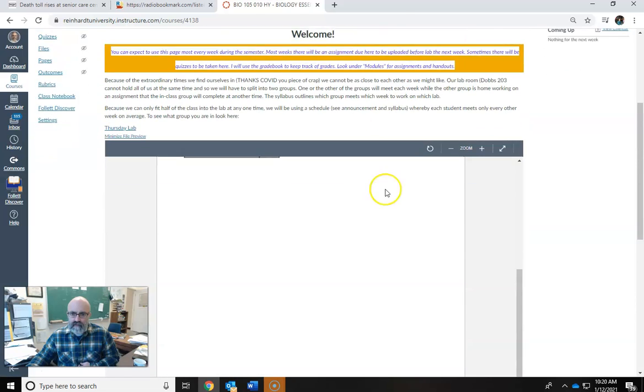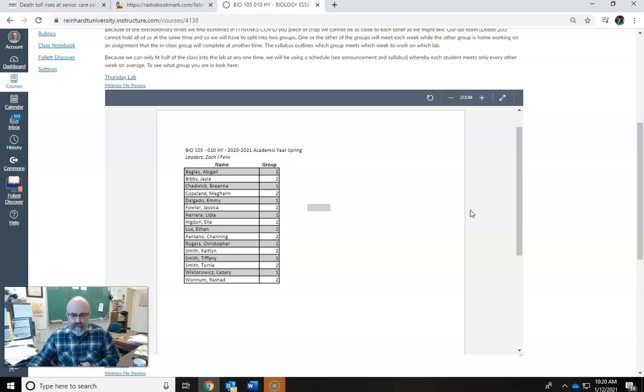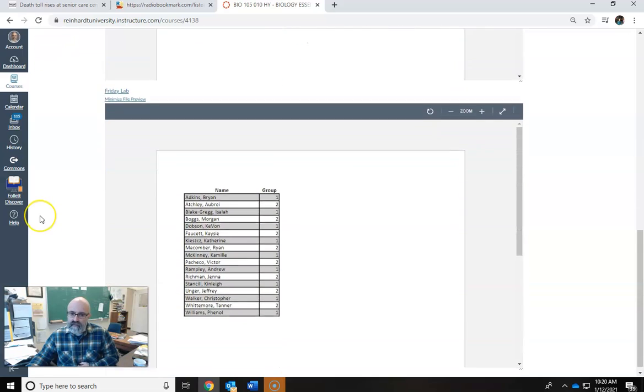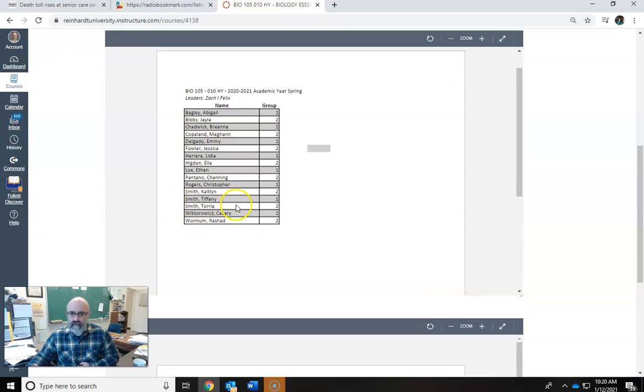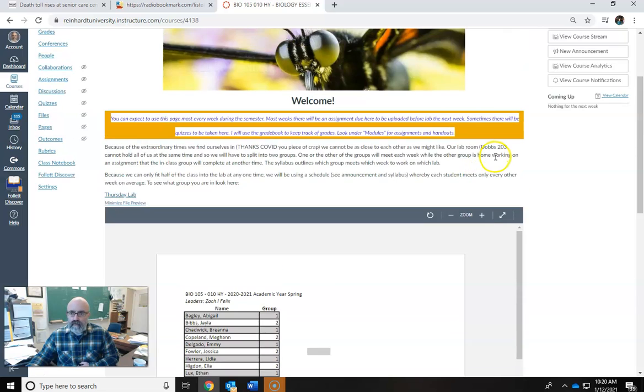Say for example you're in the Thursday lab and you find your name, and next to your name there will be a group number. Everybody, in both Thursday and Friday sections of the lab, should have a group number. If you don't, please email me. Say for example you are in group 2. So what does that mean?